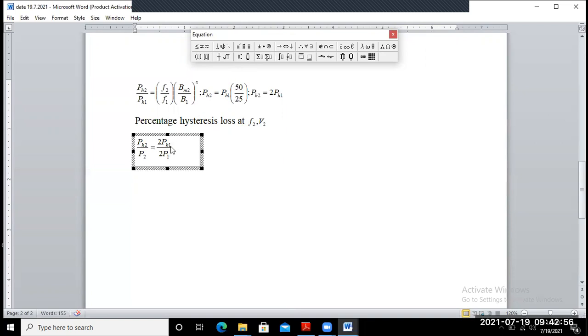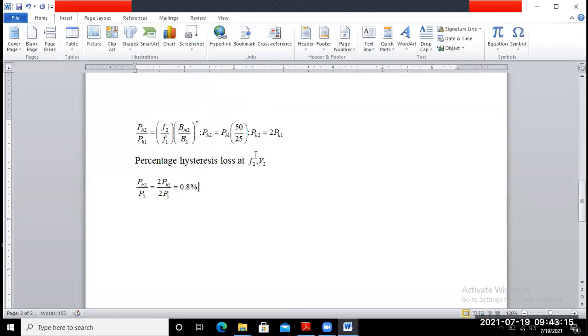You know that Ph1 by P1 is equal to how much? 0.8. Okay, so these two cancel each other. So Ph1 divided by P1 equal to 0.8%. So hysteresis loss does not change at the frequency of F2 and V2.